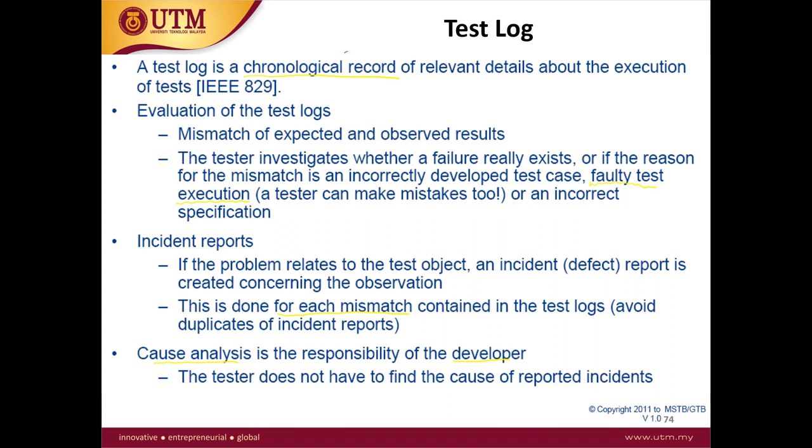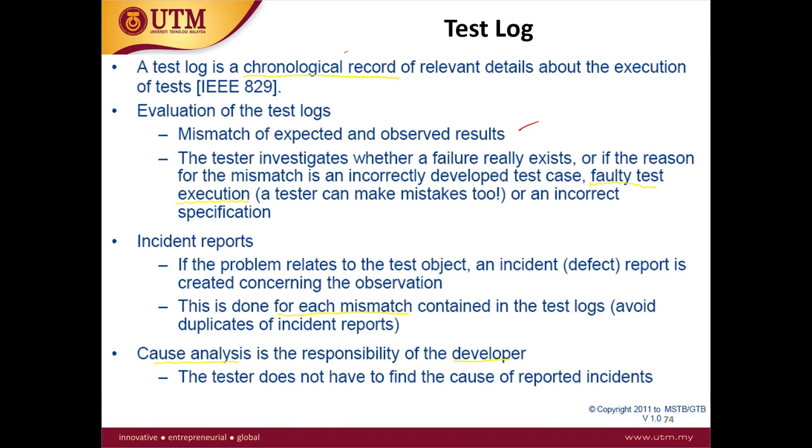Okay, the evaluation of the test log: mismatch between expected and observed result. For example, if I'm a test leader, I will check each tester's entry in the test log, so I can see what is the expected and observed result. So that is a log about the testing. The tester investigates whether a failure exists.